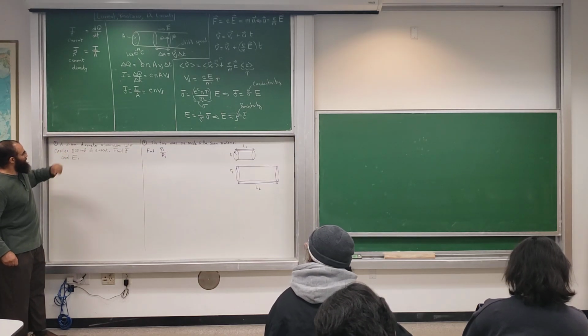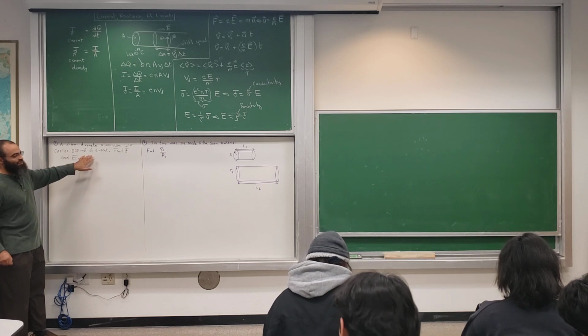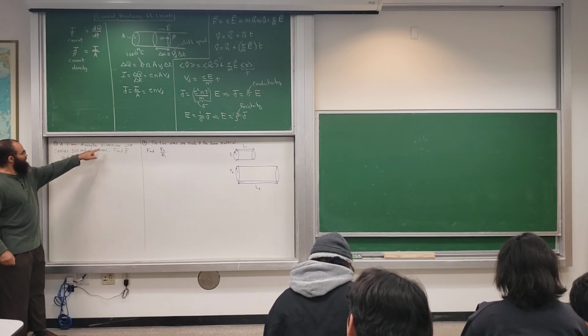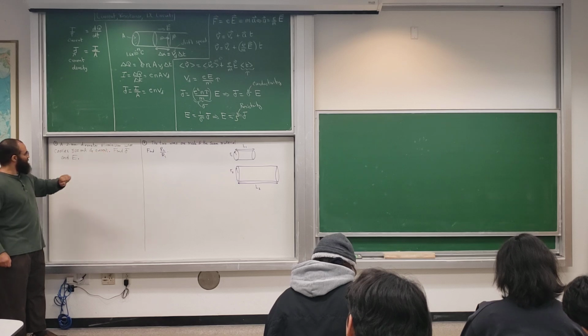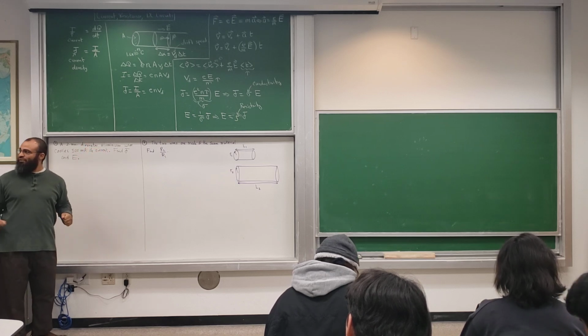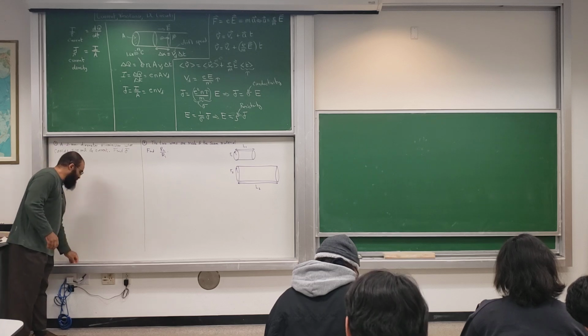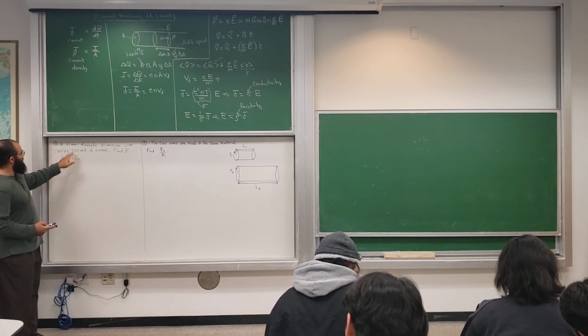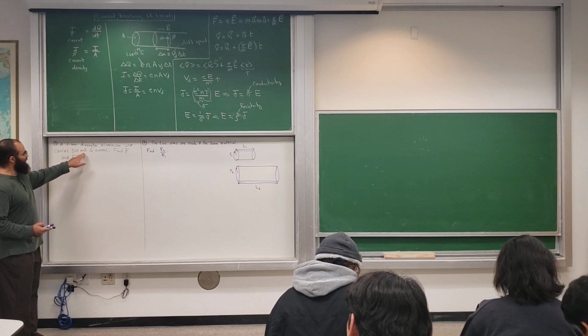Let's start with the first example. I have a 2 millimeter diameter aluminum wire. I'm telling you it's aluminum, so we can look up what we need for aluminum. It carries a current of 800 milliamperes.